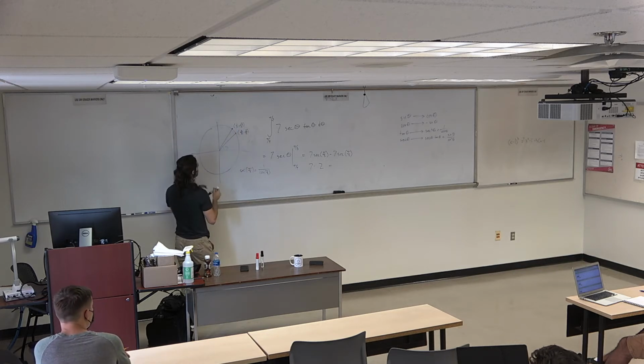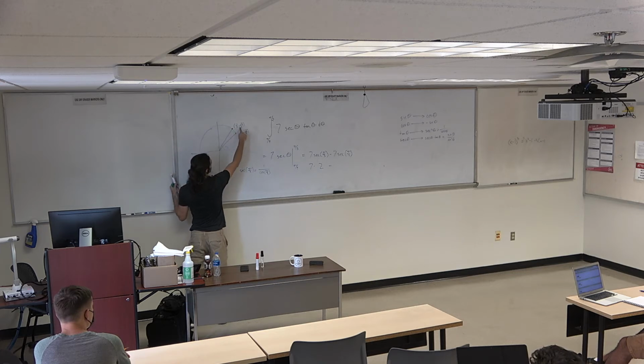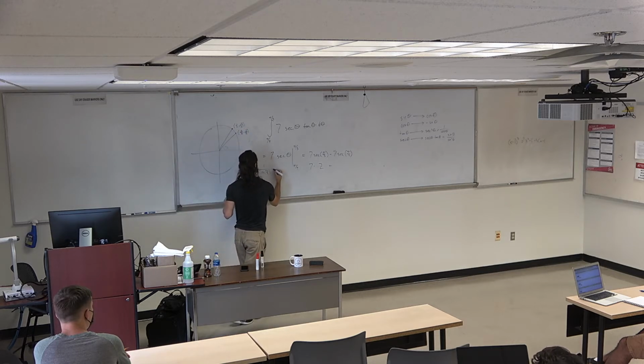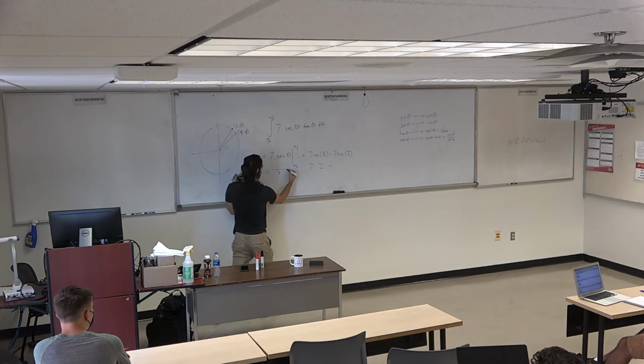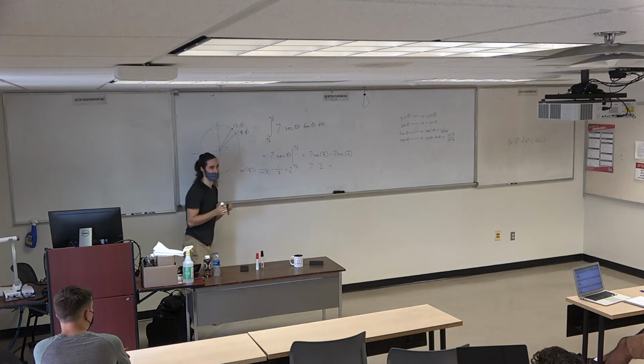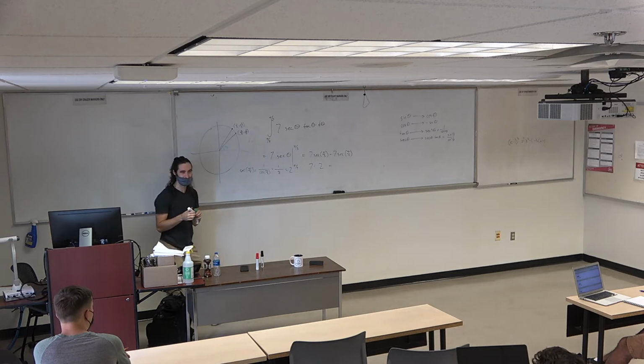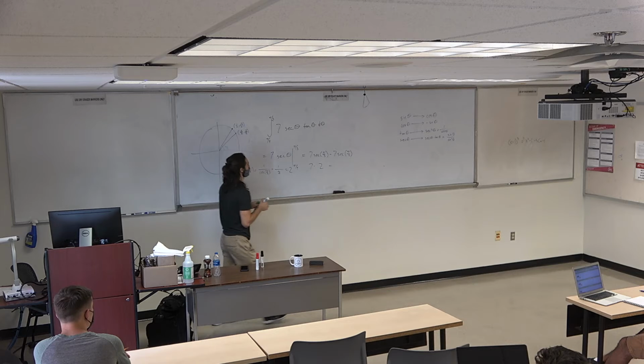So the cosine of pi over 3 is 1/2, and the sine of pi over 3 is square root of 3 over 2. Which means the secant is the reciprocal of 1/2, and that's just 2. Sweet. So the secant of pi over 3 is 2.